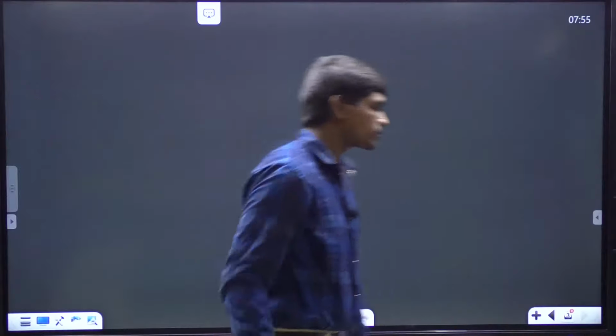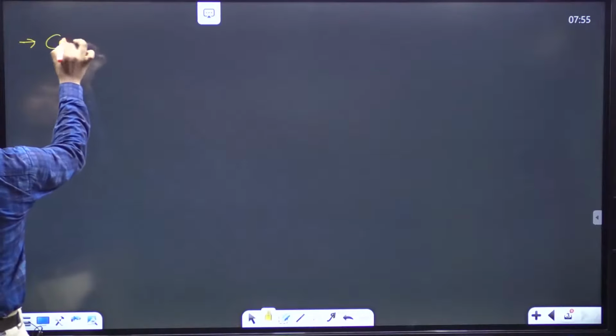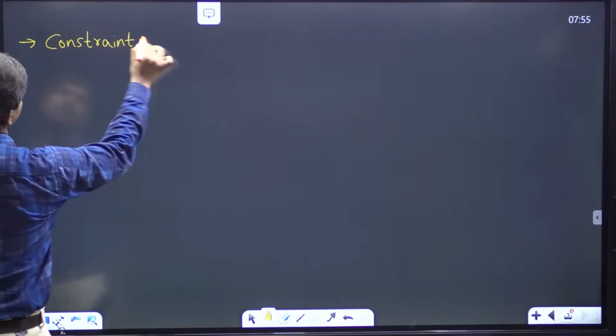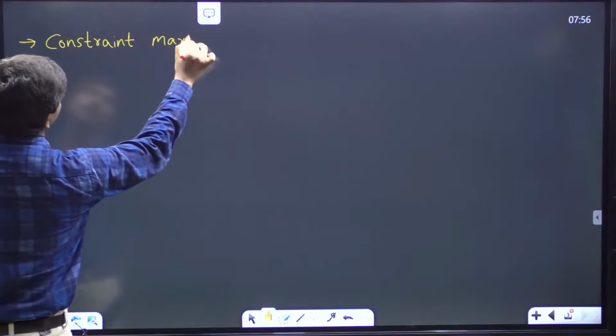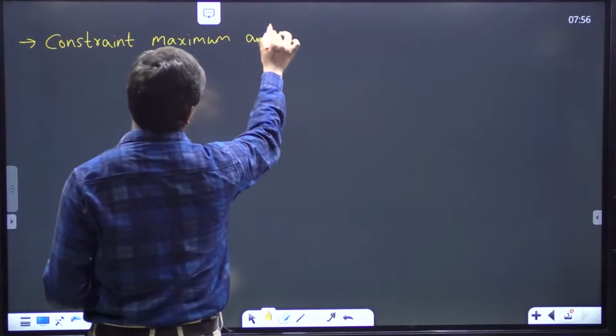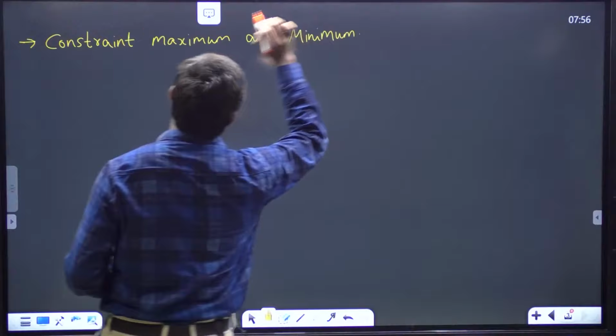So see here. Now we'll discuss something called constraint maxima and minima. Constraint maximum and minimum.